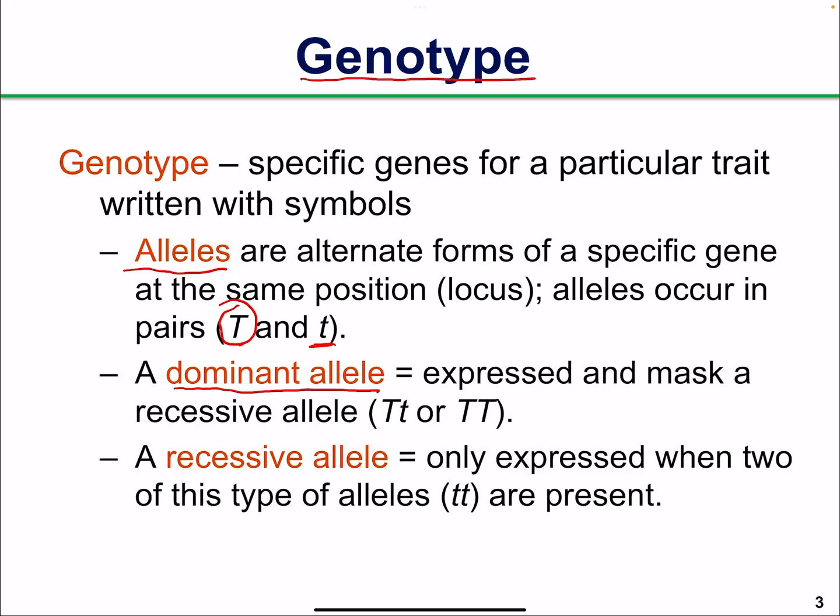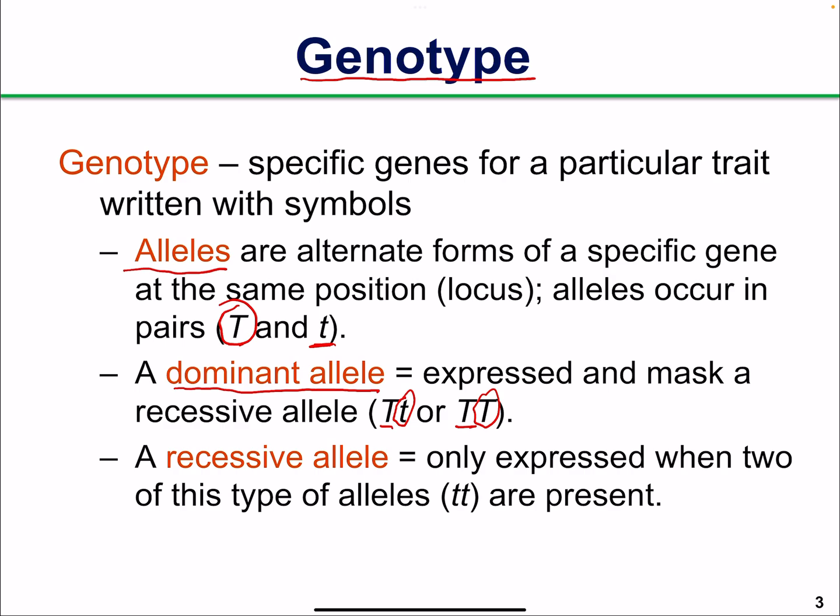So that in an individual with at least one dominant allele, what we actually see is the expression of that allele, right? So that this doesn't really matter and this doesn't really matter.